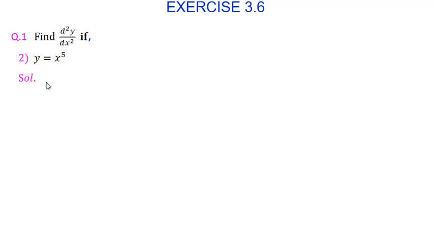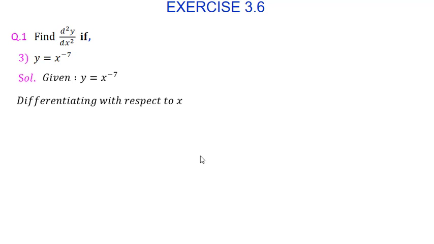Second question is y equals x power 5. I will leave this problem for you to solve by yourself. You differentiate this first with respect to x and then again differentiate whatever answer you get with respect to x. Third question is y equals x power minus 7. Here first we differentiate this function with respect to x.